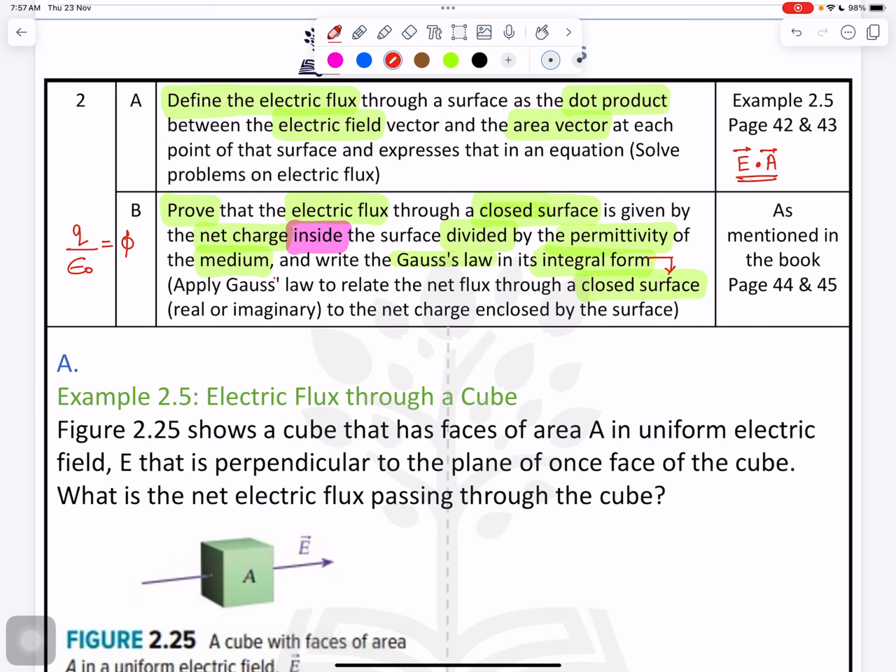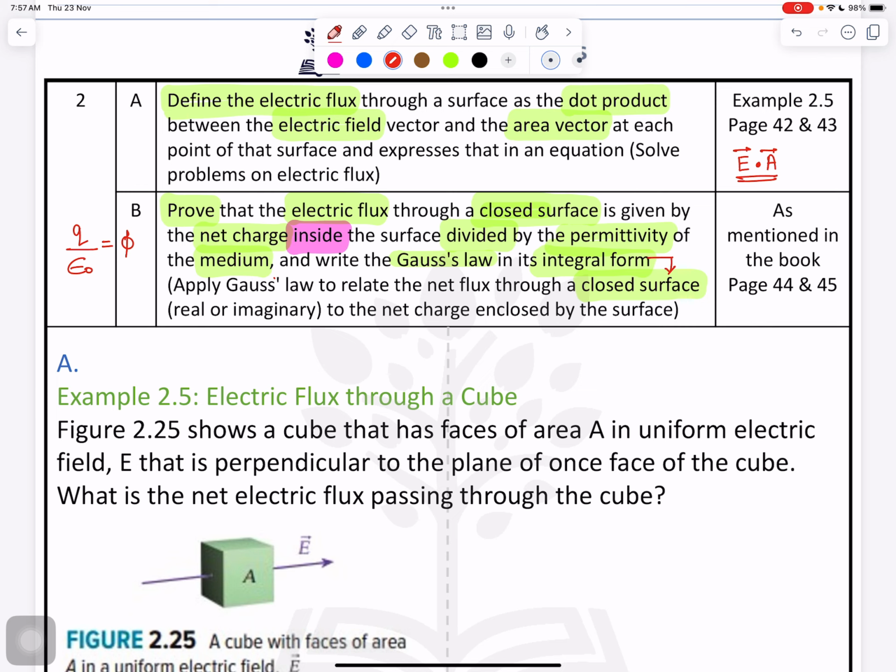Let's say this is a surface, any defined surface, and these are the electric lines of force. How many electric lines of force are passing through this area? This is called flux. This is your electric field and this is your area A. This is your electric flux.